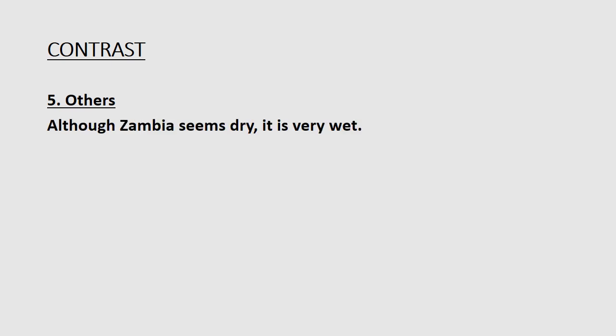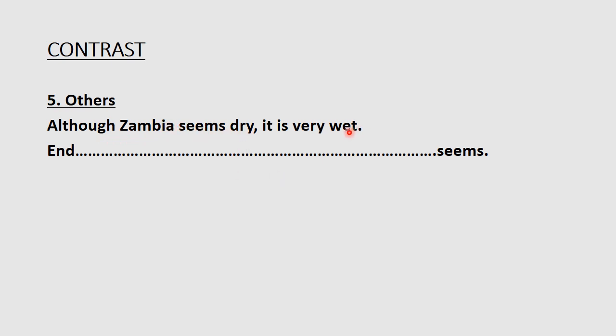A few more. Although Zambia seems dry, it is very wet. A question can come where it says end with seems. So they want you to rewrite such that you end this with seems. There are two things here which are contrasting: Zambia seems to be dry, but it is very wet.